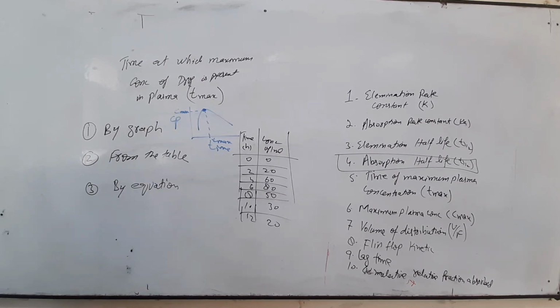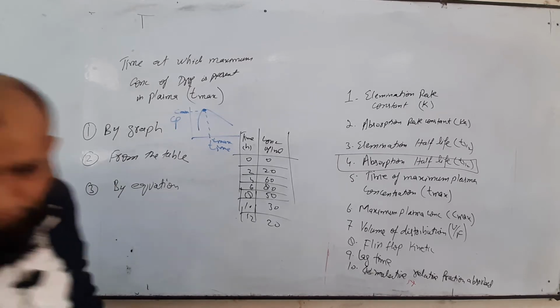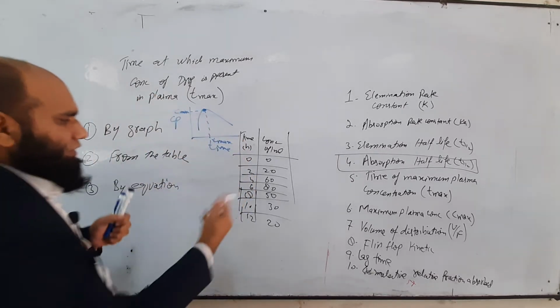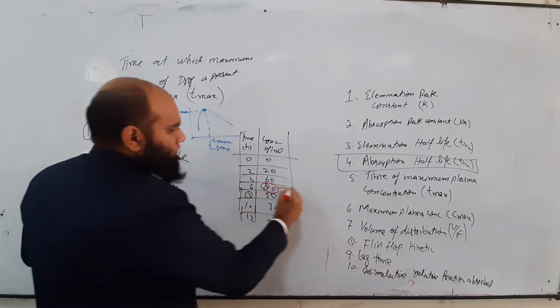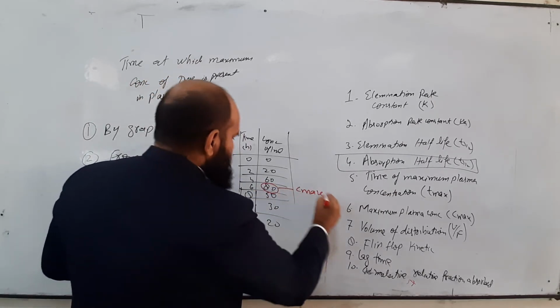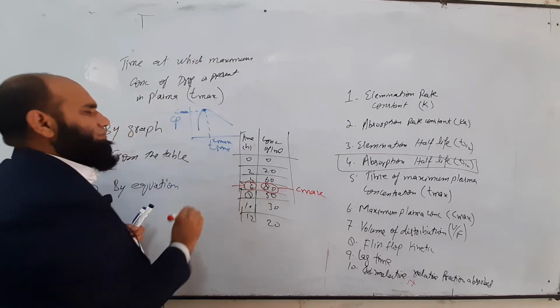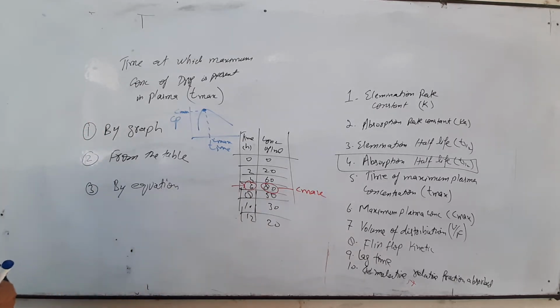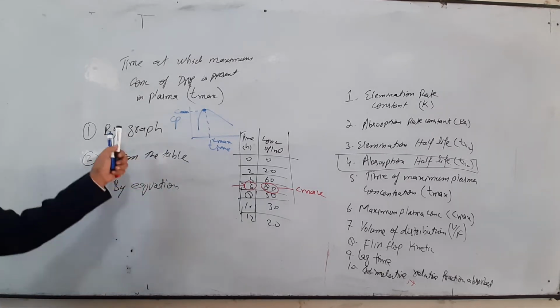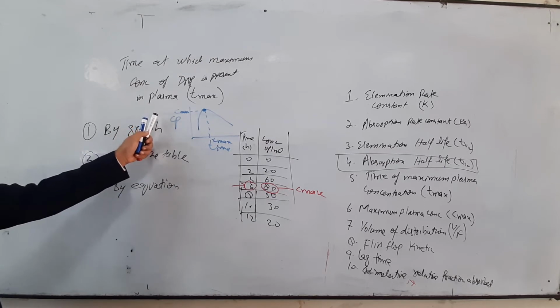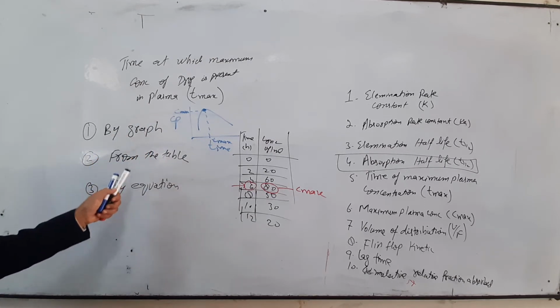Is it? Yes, because we have this 80. 80 is the maximum concentration, so we will say this is Cmax, and 6 is the time where the maximum concentration is present. So we can say here Tmax is 6 hours. Second method, by using the table. First method, by using the graph.